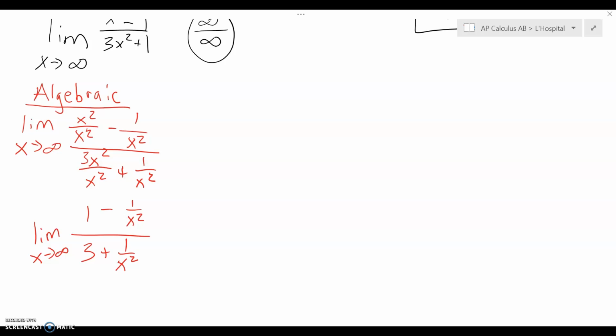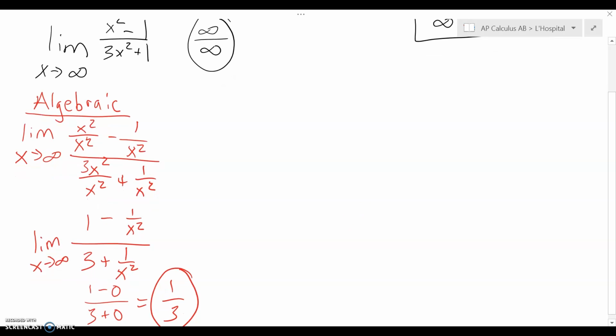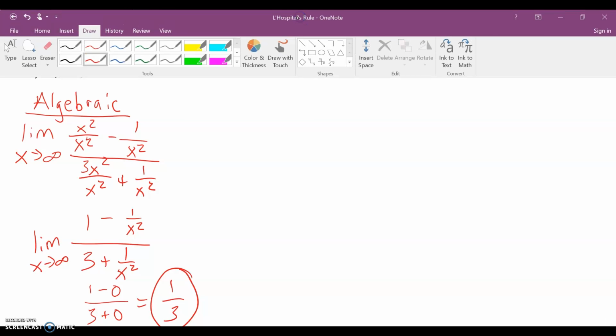L'Hopital's works for any infinity over infinity, including this one, but you can do this one algebraically. When we put infinity in, we get 1 minus 0 over 3 plus 0, and we get 1/3. What that 1/3 means is the infinity on the top and the infinity on the bottom have a 1-to-3 ratio. In other words, the one on the bottom is 3 times the size, or 3 times the bigness, of what's up top. We can see it when we divide by the highest power. So that's one way to do it.